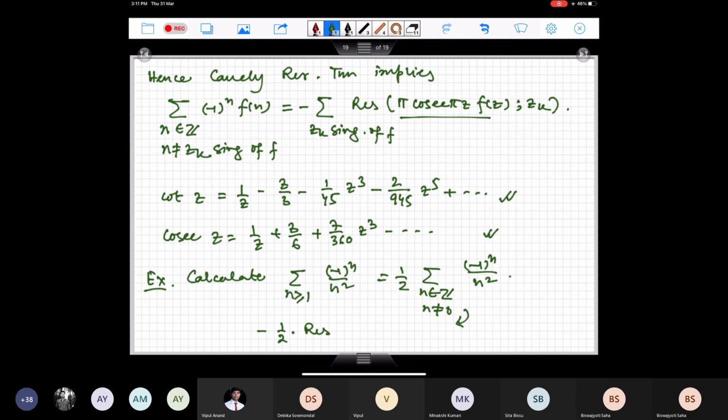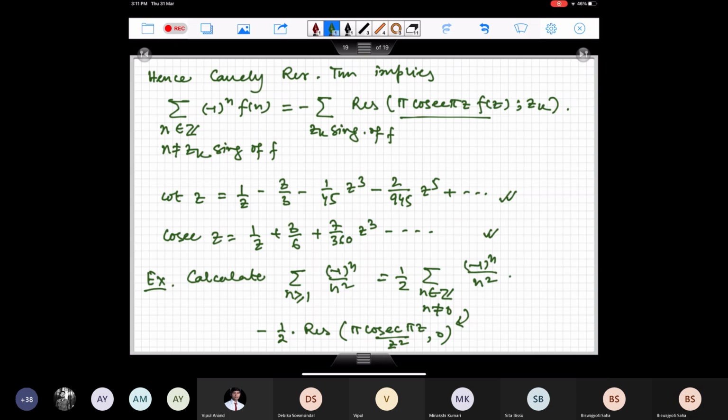Here my f is 1 over z square, so that has only one singularity, which is at z equal to 0. So I need to calculate residue of pi cosec pi z divided by z square at 0. So I need to calculate this. Okay, so already cosec has a singularity of order 1 at z equal to 0, because sine has a simple 0 at z equal to 0.